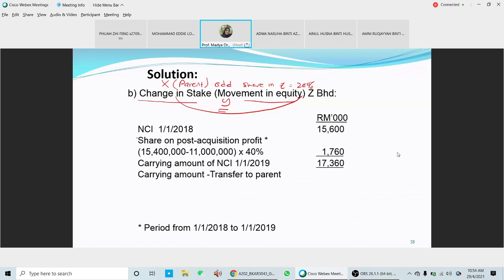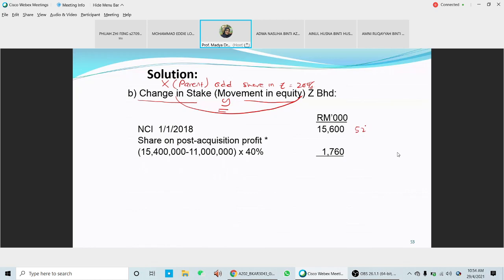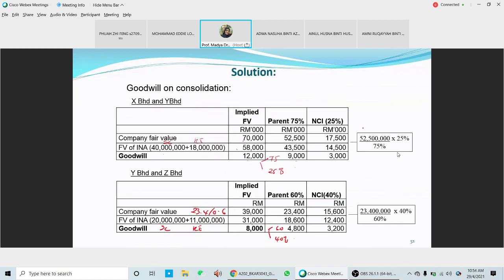So the first thing that we need to do here is to find the value of the NCI. The value of the NCI here is based on slide 52, so refer back to slide 52. The company value here was 15.6, which is the cost of the value of the company.